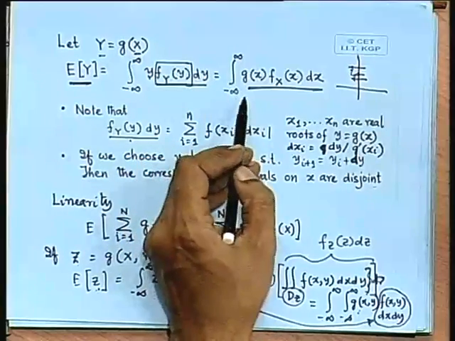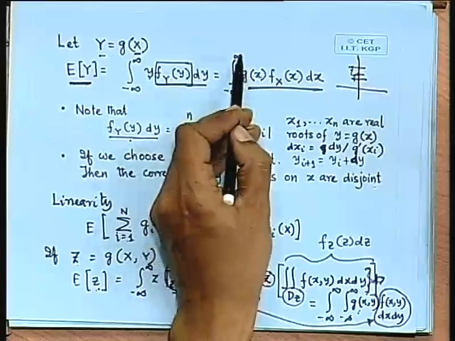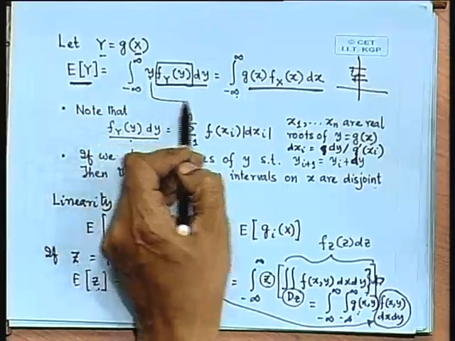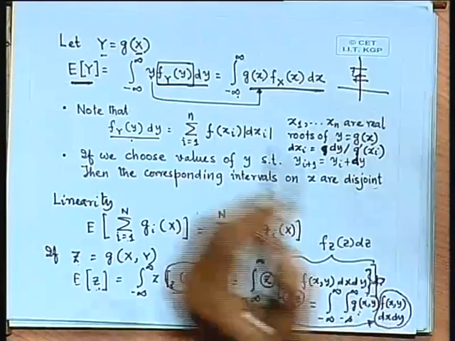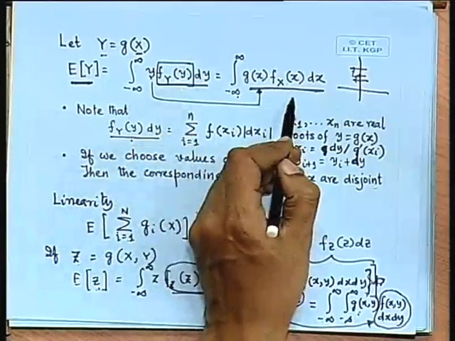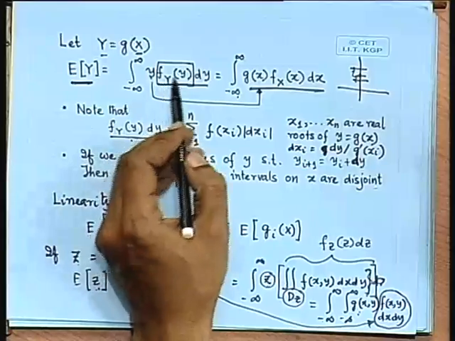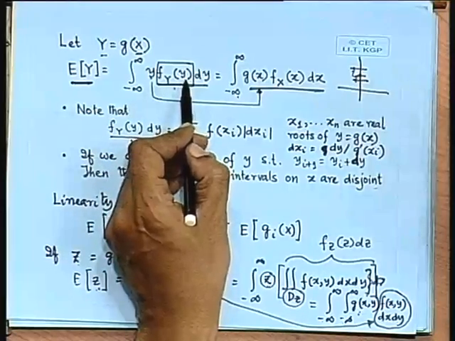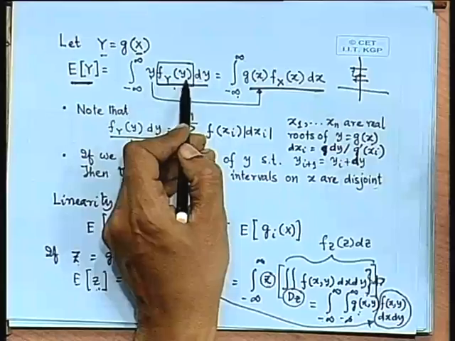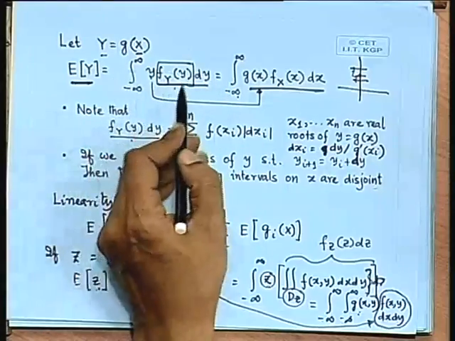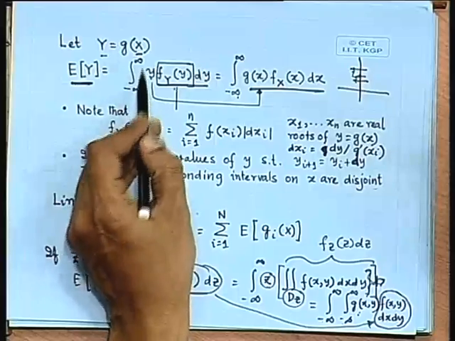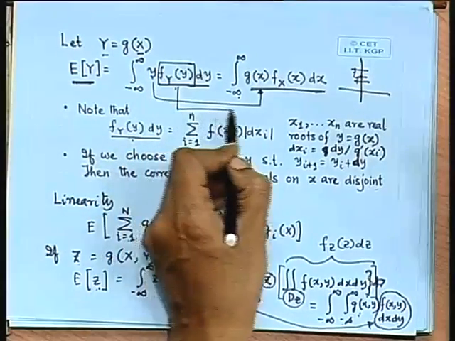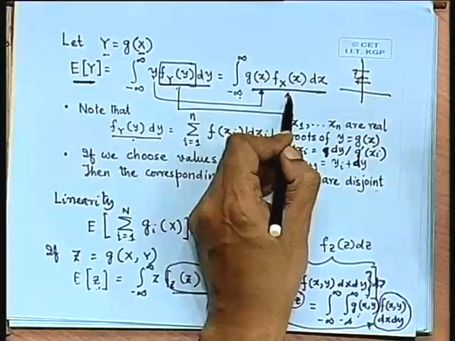It turns out that this is the integral from minus infinity to plus infinity of g(x), since y becomes g(x). We want to express this integral in terms of x, because x is the original random variable. And fY(y) dy is the probability that y stays between y and y plus dy. Since we are considering all possible values of y, obviously we are also covering all possible values of x.